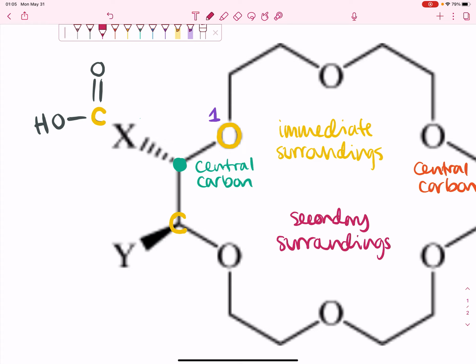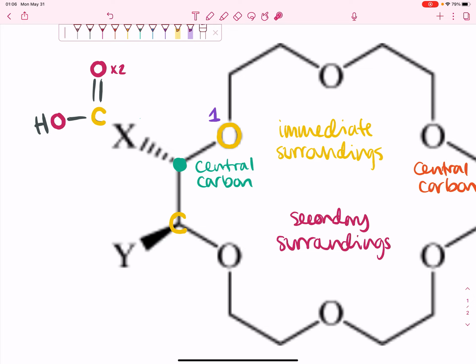So we go into what I call secondary surroundings. On this carbon that is a carboxylic acid, we have an oxygen, and then an oxygen times 2 because it's a double bond. Each bond to an atom counts as if you had one of those atoms.